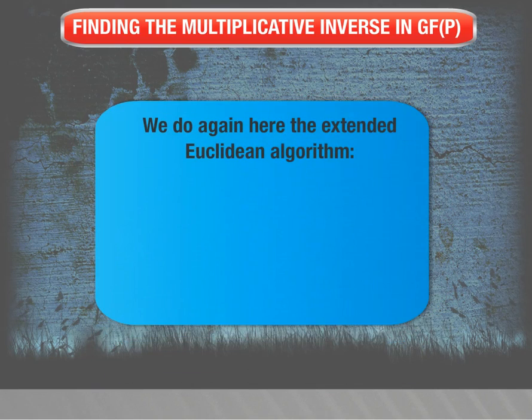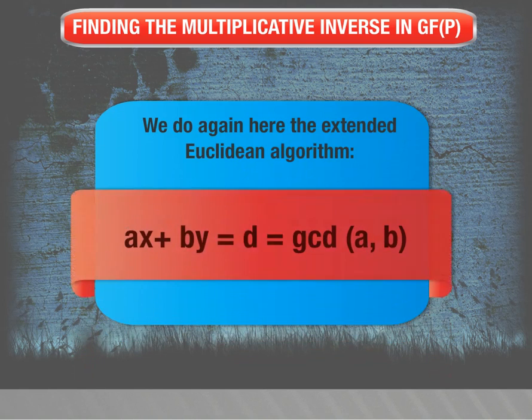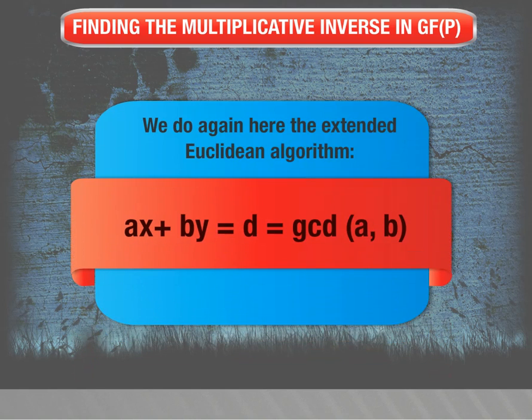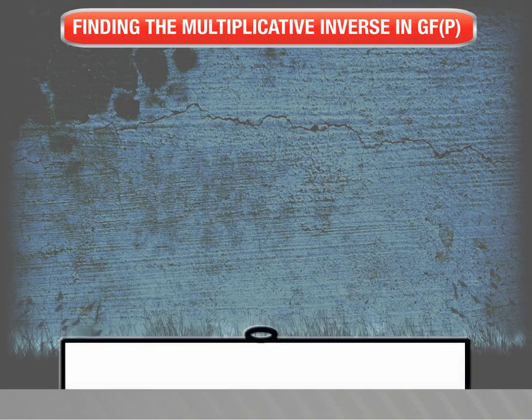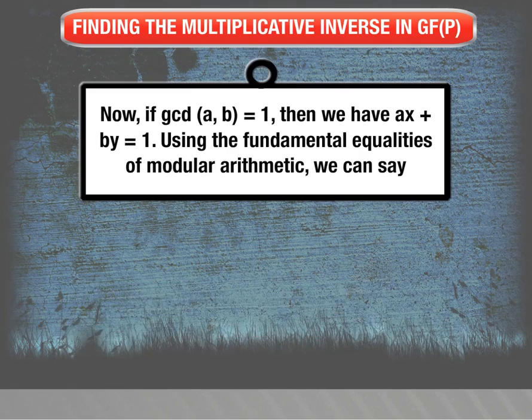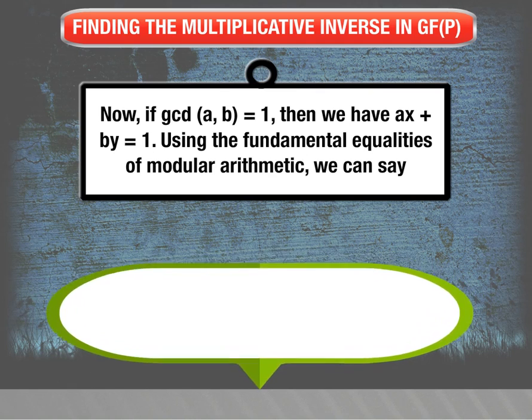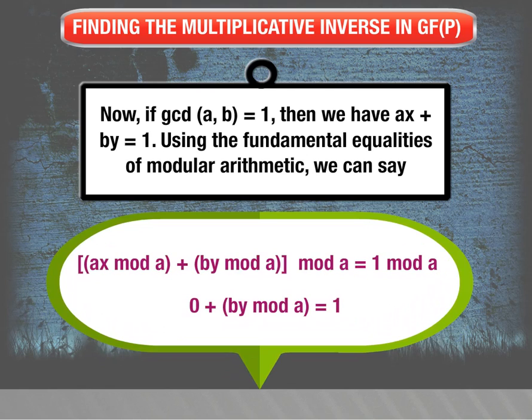We do again here the extended Euclidean algorithm: Ax plus By is equal to d, which is equal to GCD of A, B. Now, if GCD of A, B is equal to 1, then we have Ax plus By is equal to 1. Using the fundamental equalities of modular arithmetic, we can say Ax mod A plus By mod A is equal to 1 mod A, so 0 plus By mod A is equal to 1.